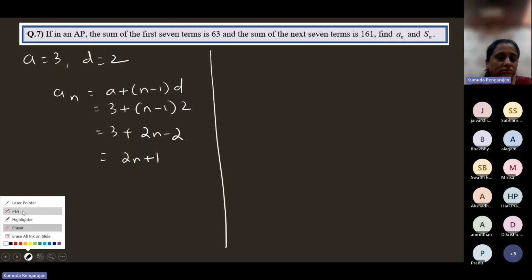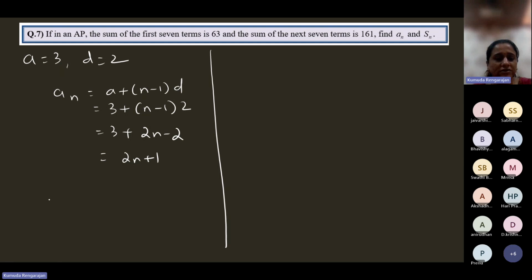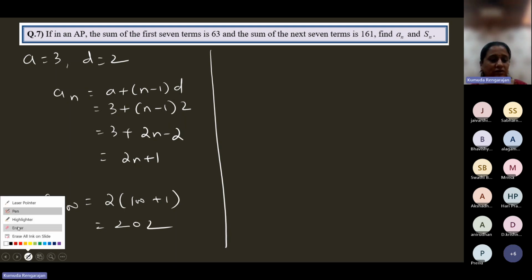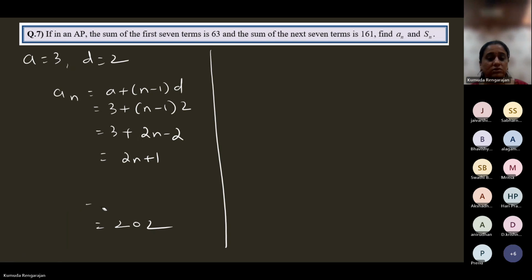Supposing you want to find the 100th term, A100 will be equal to 2 into 100 plus 1, which is 201. This is not asked, I'm just telling you what you can do with the AN expression.